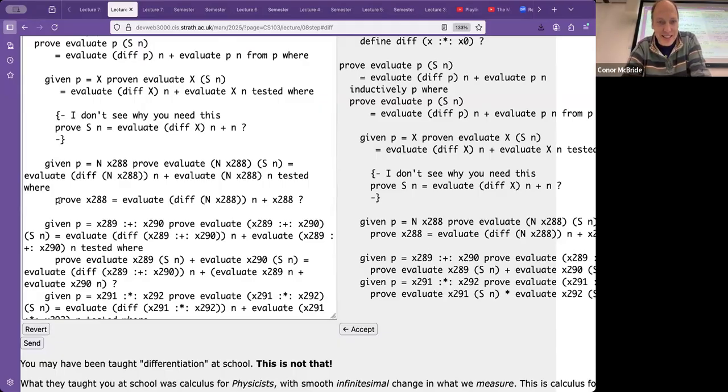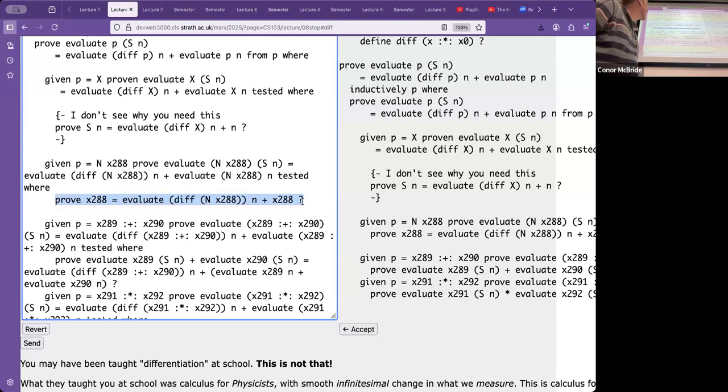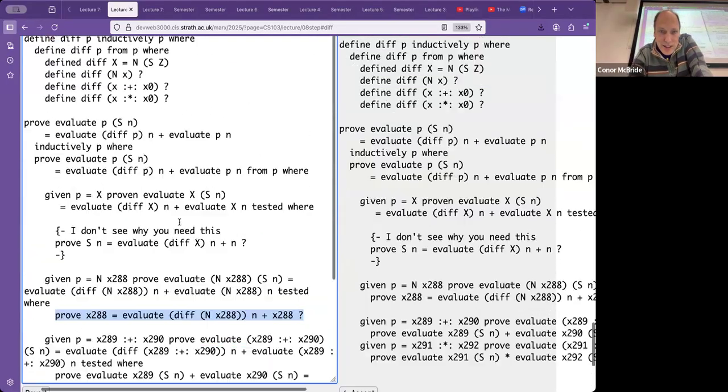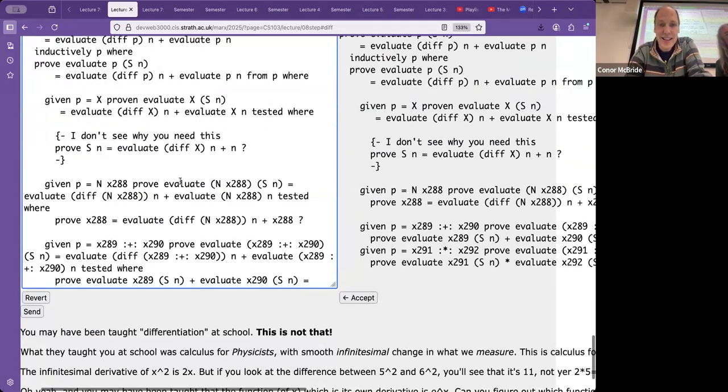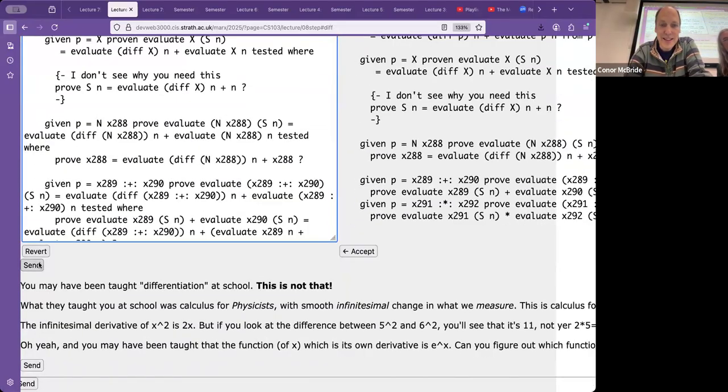So we have to fix the output of diff so that adding it makes no difference. Indeed. And so what could that possibly be? Let's go to the definition of diff. I would say we put a 0 here, right? Yeah, the numerical constant 0. Excellent. Now we press send.